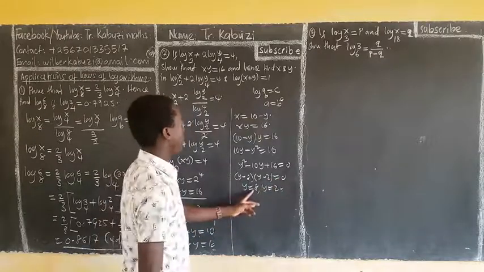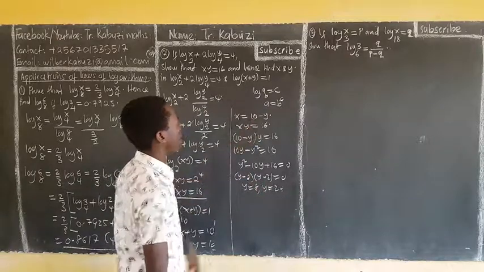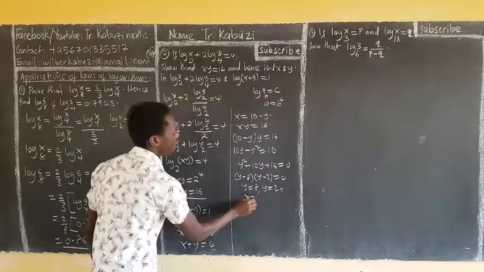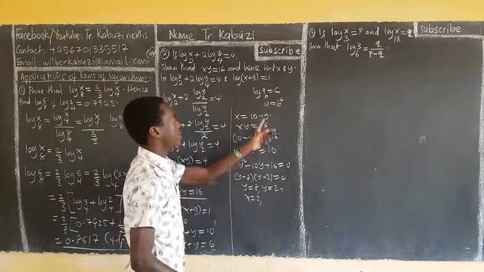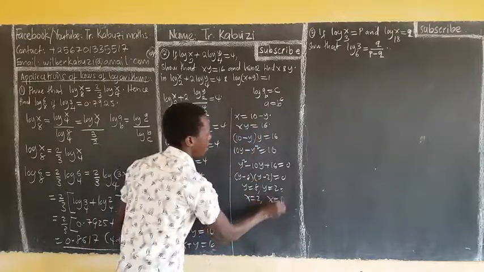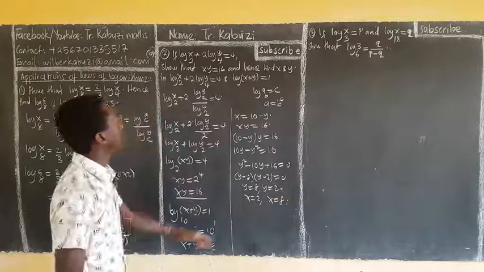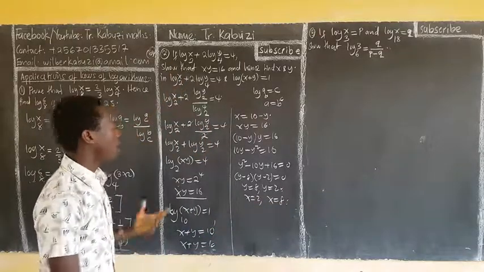So when y is 8, my x will be 2 when I put it here. And when my y is 2, my x here will be 8. So any pair I take, it will work for you there.